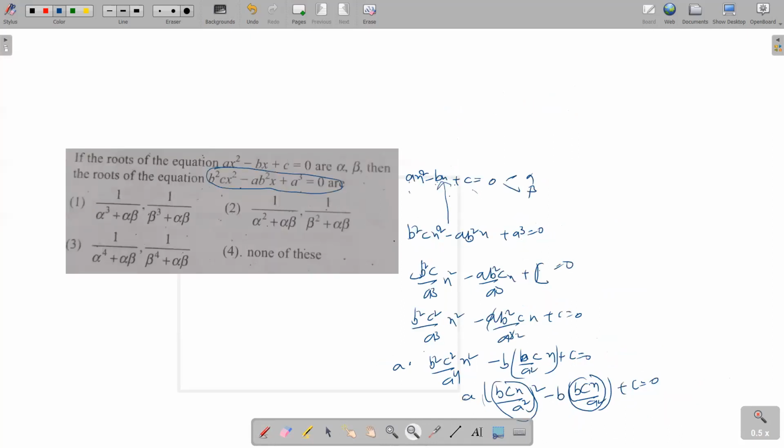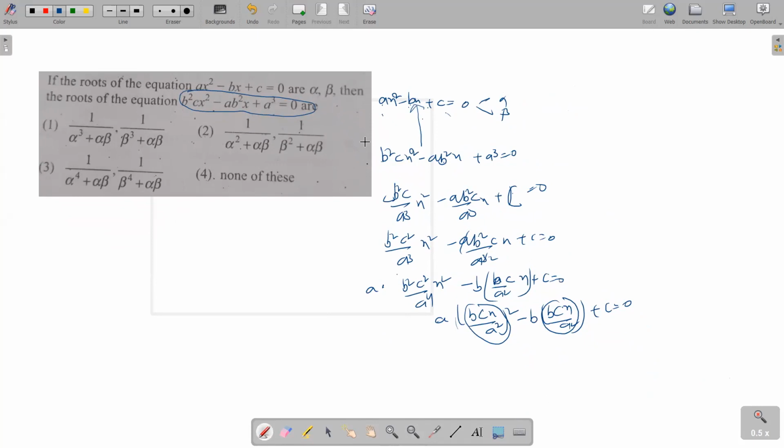And if we have this kind of equation, a x square minus b x plus c, then the value of x will be alpha and beta. So we have a similar pattern. So a x square minus b x plus c will have two values, alpha and beta.